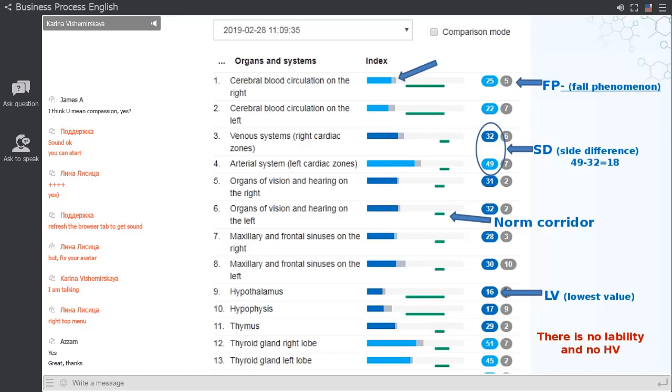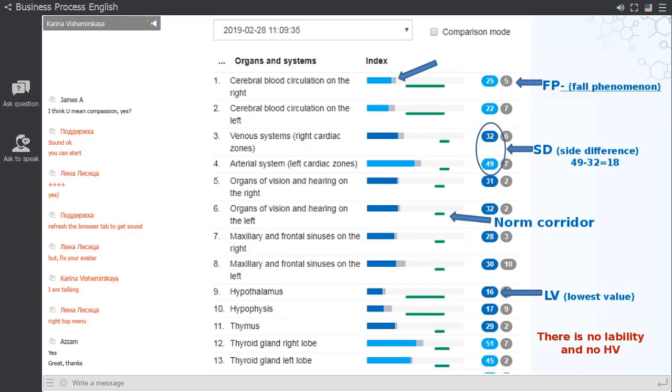Because I couldn't take a picture of everything and put it here so you can clearly see everything. So I decided to make it just so you can know how to read it. I took just 13 organs and systems. The highest value is not presented because we only look if it's hyperfunction, if it's yellow, orange, or red. The lowest value presented is hypothalamus.